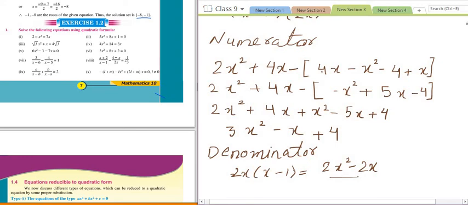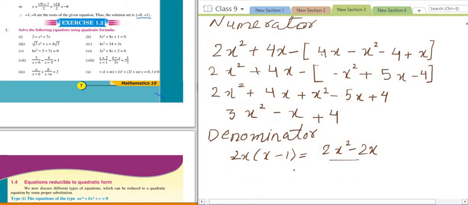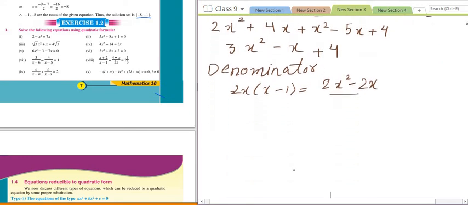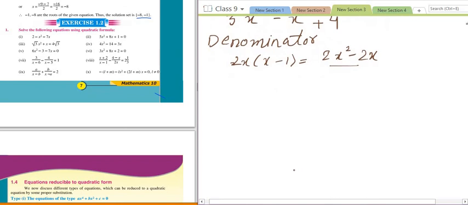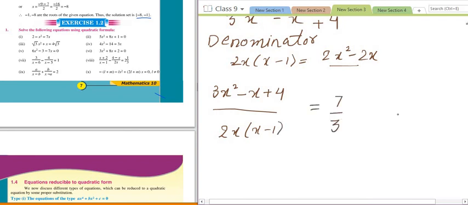Okay, now the above equation becomes, now I am going to write all this in equation. This becomes 3x square minus x plus 4 divided by 2x, x minus 1 equals to 7 by 3.